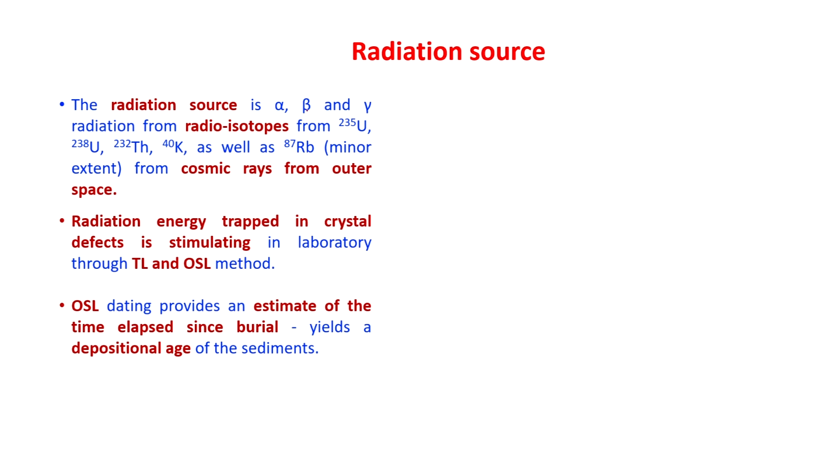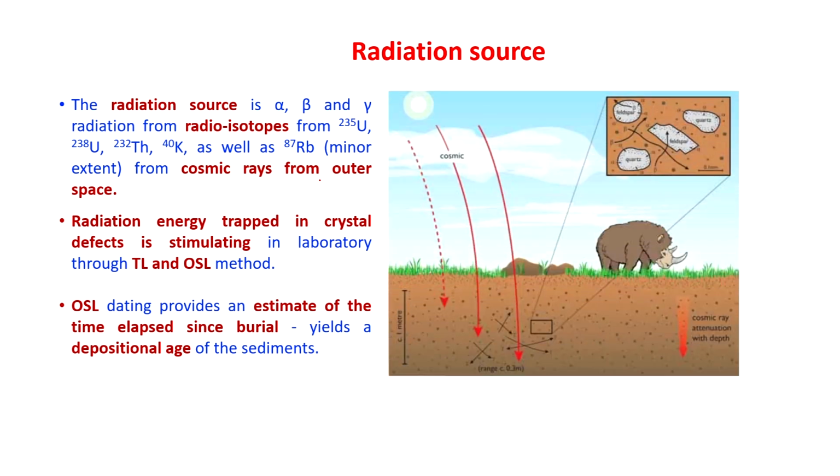Apart from the alpha, beta and gamma radiation sources, there is also a minor contribution from cosmic rays from outer space when the sediment is buried. Surrounding radioactive material will keep enriching the lattice in the form of charges, but cosmic rays also will have some input in that.